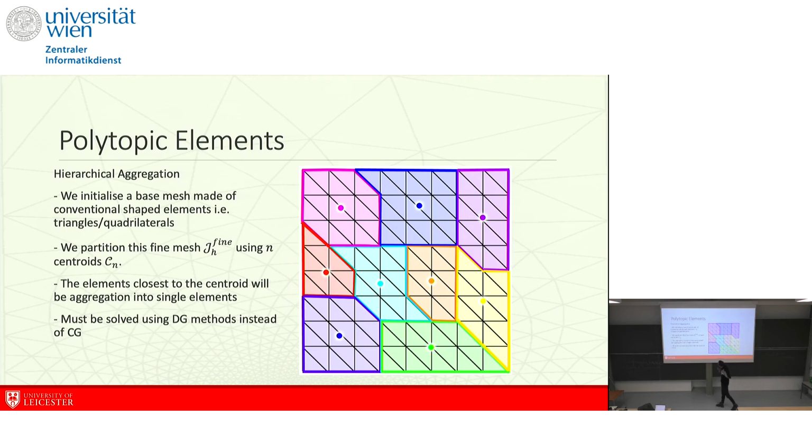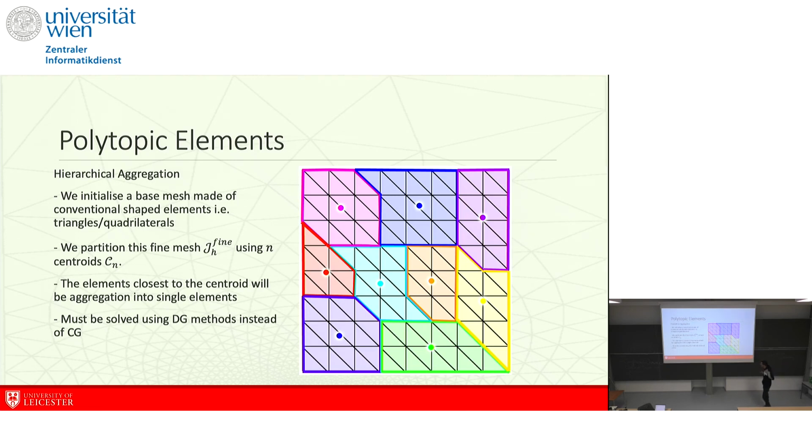So I present the method of polytopic aggregation. When we have our base mesh, we initialize a fine mesh made up of conventional elements, let's say triangles, for instance. And then we define a set of centroids, which are these colorful dots here.